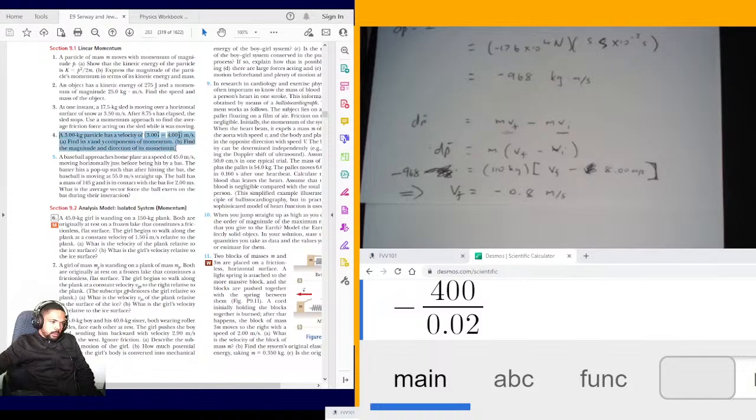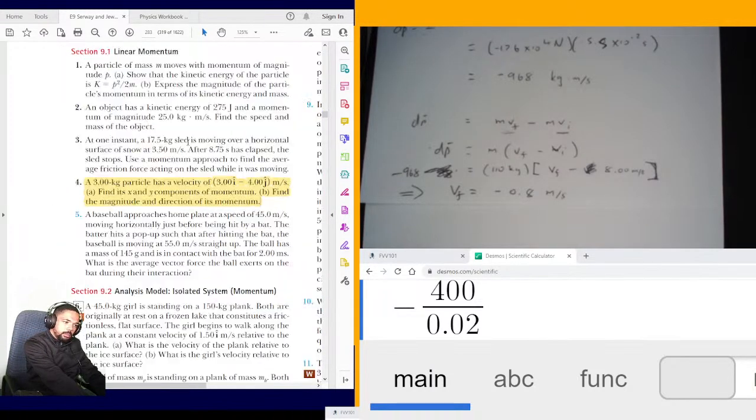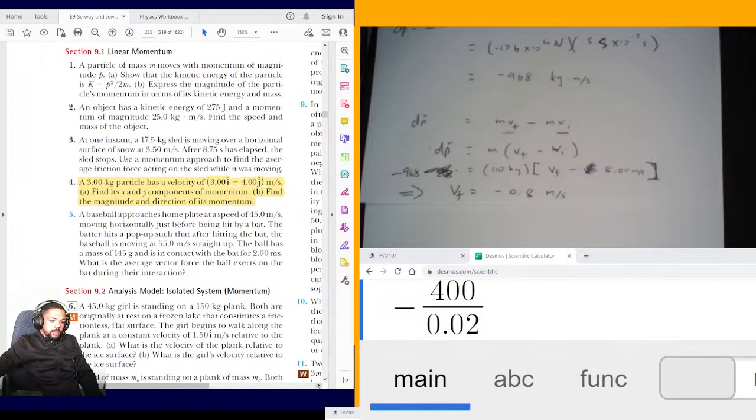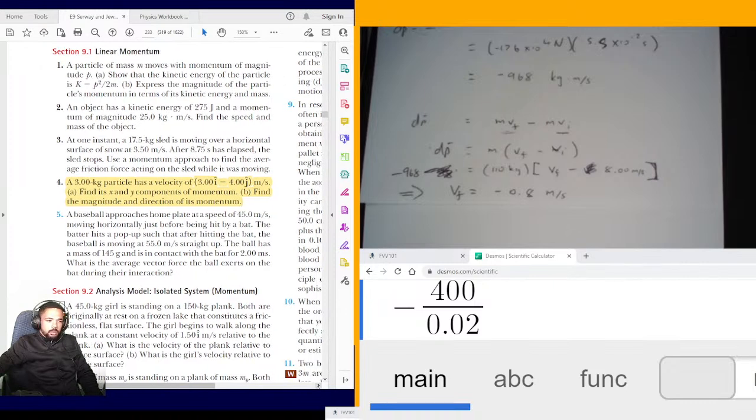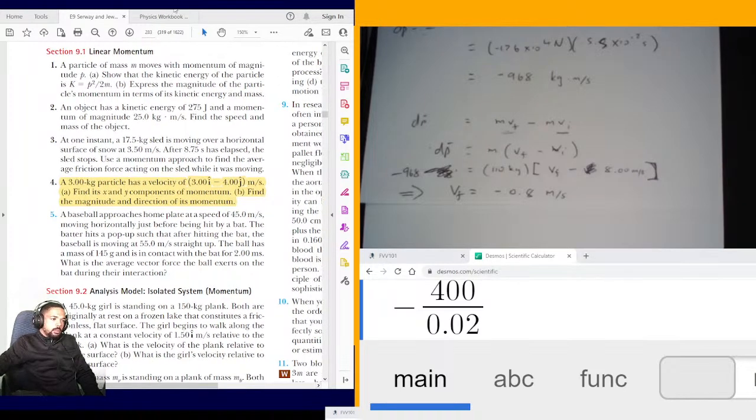This problem here is one where momentum is in terms of unit vectors. Up to this point, we've done them all in one direction. But in this case, I want us to do one where the momentum is in unit vectors.